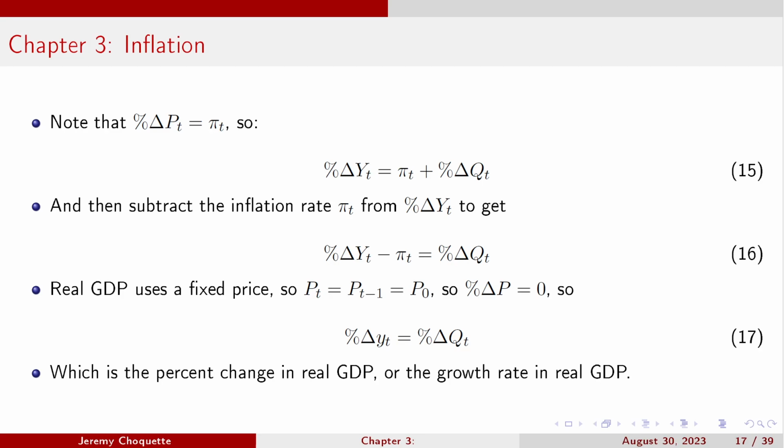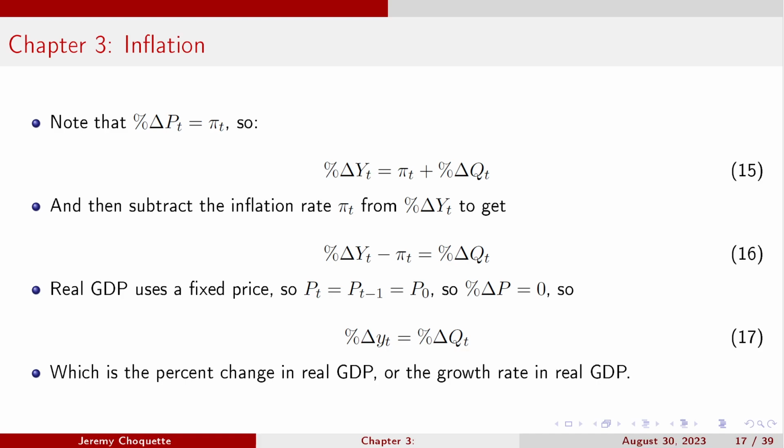All right, so if we subtract the inflation rate from this percent change in YT, this percent delta YT, I get percent change in quantity equals percent change in YT minus inflation. Now, real GDP uses a fixed price, right? So P sub T equals P sub T minus 1 equals P0. So the percent change in prices is 0, in which case the percent change in this lowercase yt is equal to the percent change in the quantity.